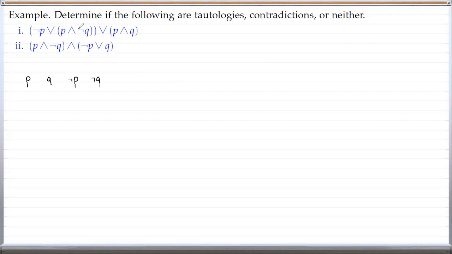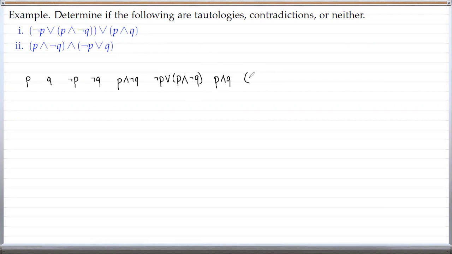Then we need P and not Q. This part, P and not Q. Then we need this whole thing, not P or P and not Q. Now we can combine this with P and Q to get the first expression, but before that we need P and Q. Now we can combine these two to get the first expression.